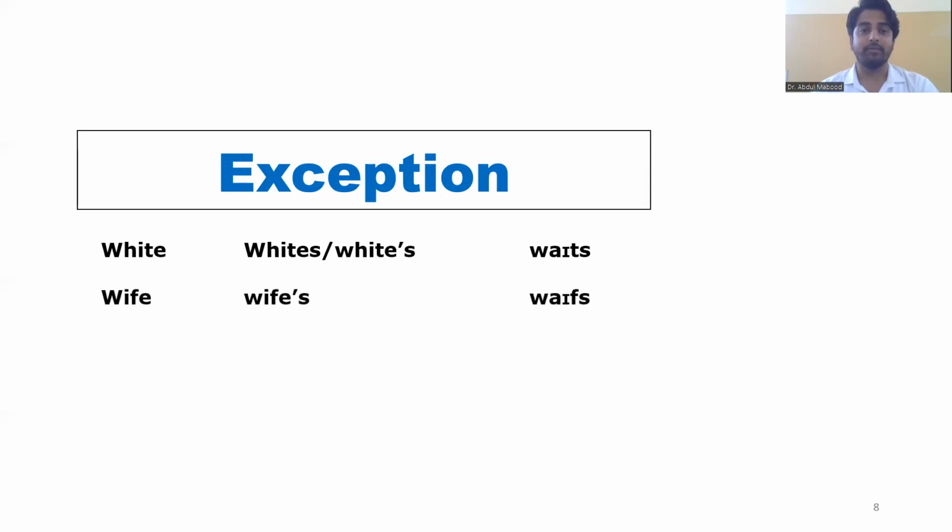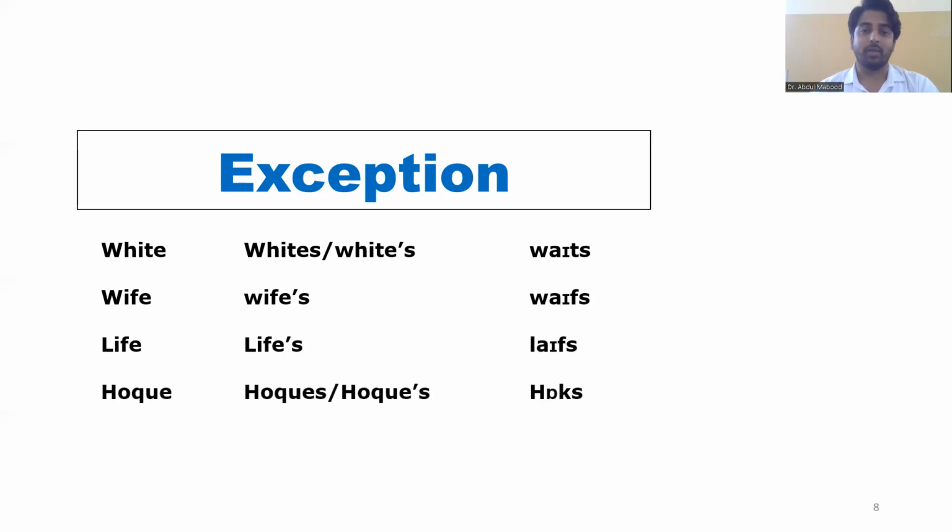Then wife becomes wives, life becomes lives, hawk becomes hawks. Now in all these cases you will see that the end letter is e, but in the previous slide I said that if any word ends in vowel, then the s sound at the end would become z. Here all these words end in vowel, but the rule is not applied here.